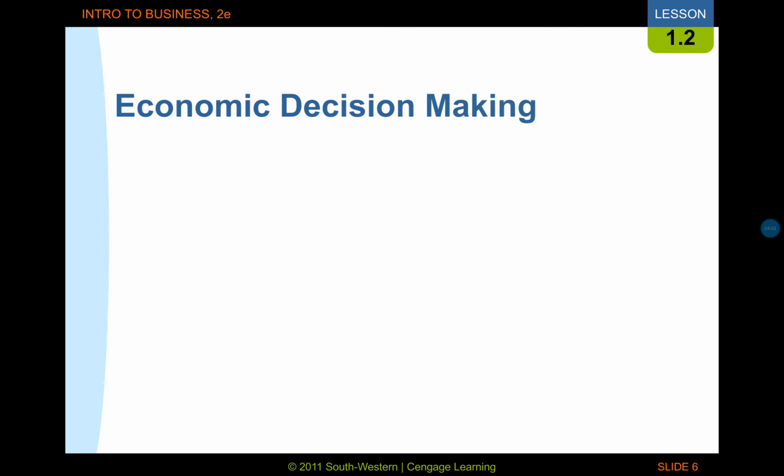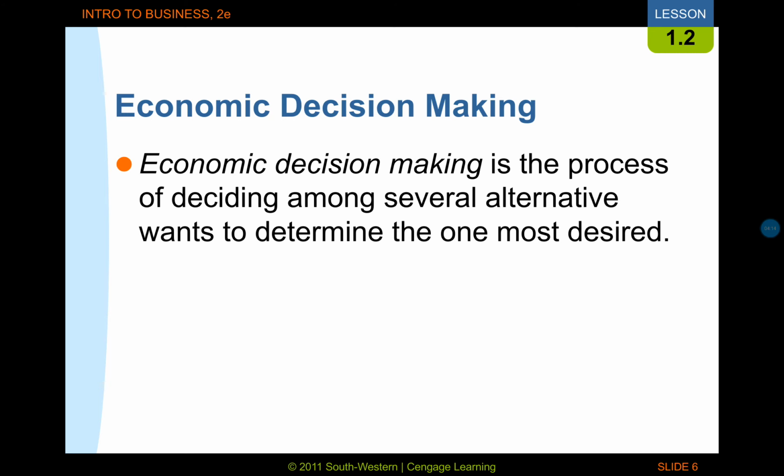Economic decision making. Let's take a look at that now. The book has it laid out into 6 different steps. Economic decision making is the process of deciding among several alternative wants to determine the one most desired.